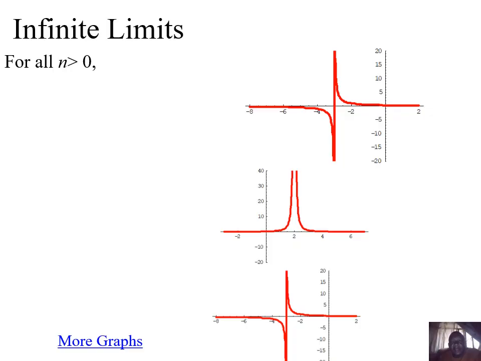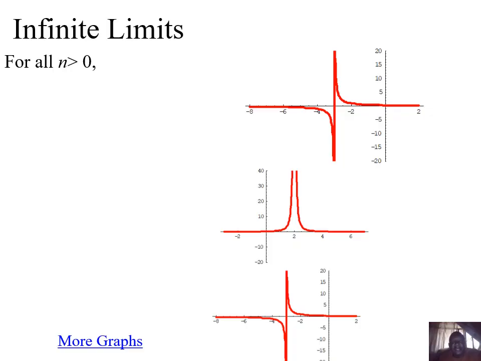This is your 0, this is your 4. As you are coming from the right, 4 positive, as your x tends to 4 positive, so 5, 6, 7, 8, and then take the reciprocal, with your calculator you will see that your solution is moving to infinity.